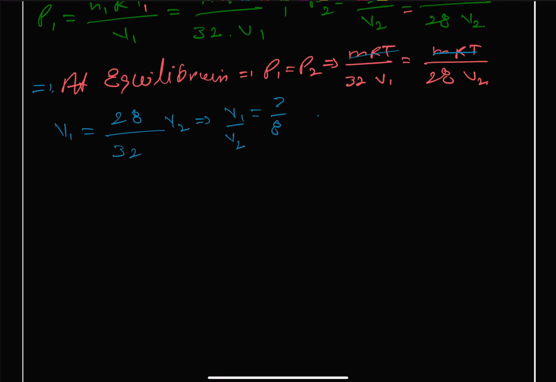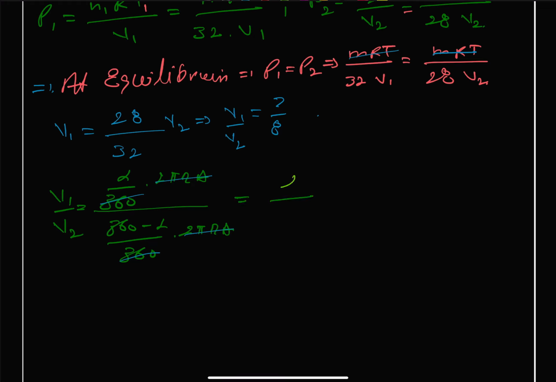We can say that our V1 upon V2 in terms of our angle alpha will be equal to alpha upon 360 multiplied by 2 pi r times A, and this will be 360 minus alpha upon 360, and this comes as our 2 pi r upon A. And here 360 and 2 pi r cancel out, and this comes as alpha upon 360 minus alpha, and this will be equal to our 7 by 8.